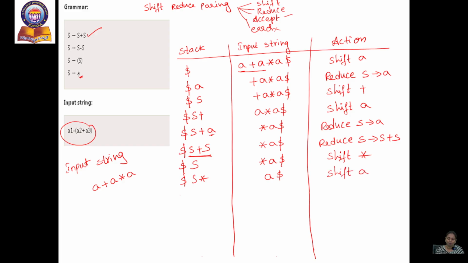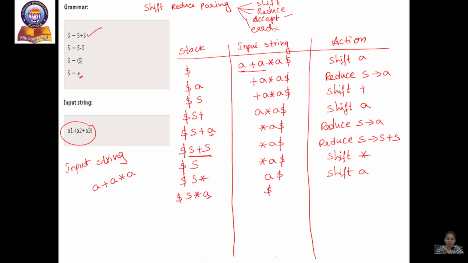So shift A. So dollar S into, as usual I am shifting A, and here in the input string only the dollar will be available. And what else can I do? I'm going to check whether S into A is available. No, this string is not available in any production. So I'm checking all possibilities.